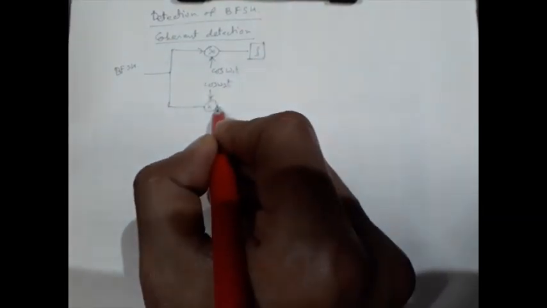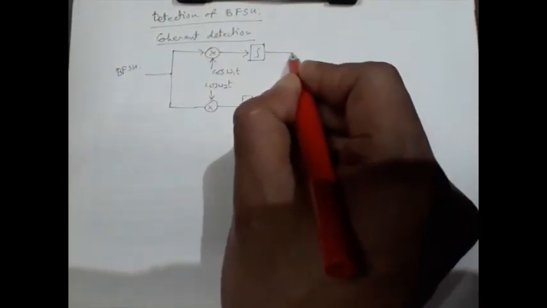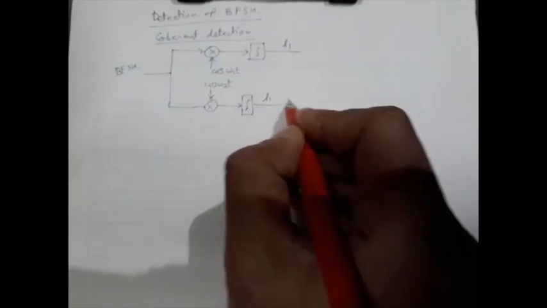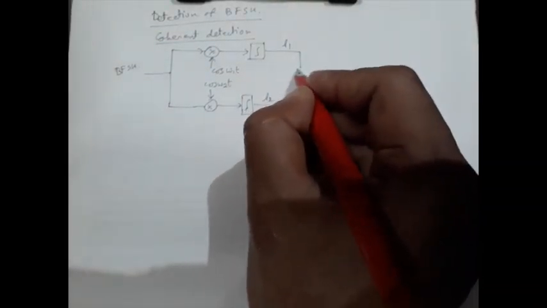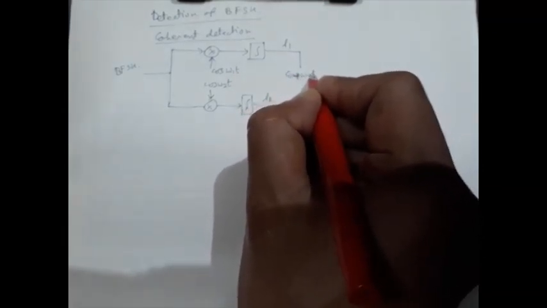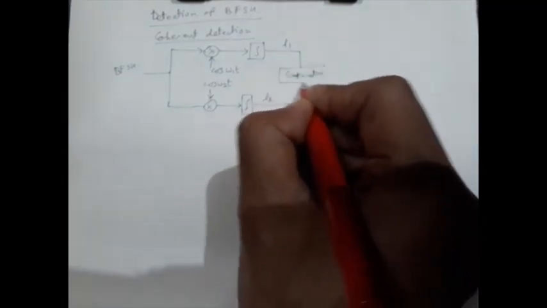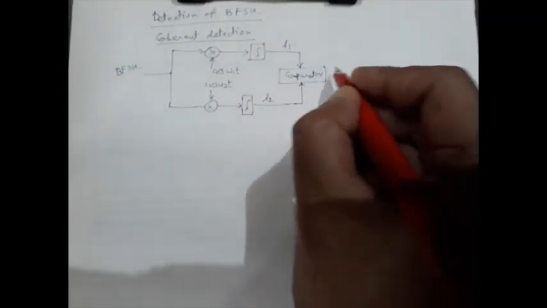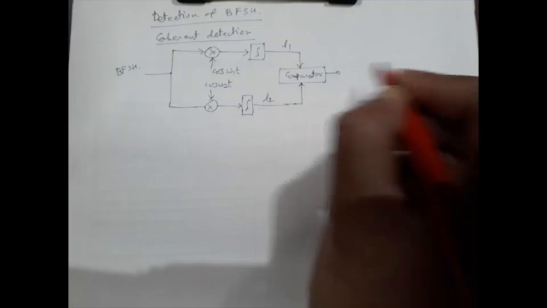Next we have integrators, and the output of the upper one is say L1, and that of the lower is say L2. Next we have a comparator. The comparator will compare whether L1 is greater than L2 or not.